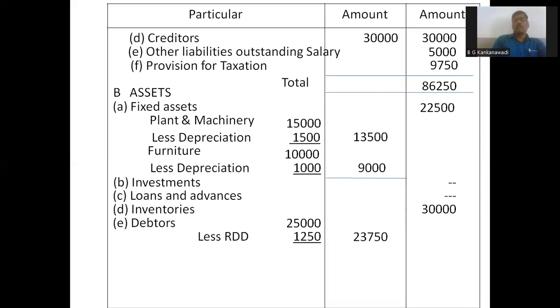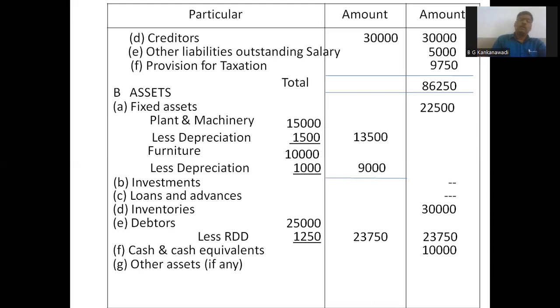Deduct 1,250, balance is 23,750. That goes to the outer column. Next is cash and cash equivalent. Cash and cash equivalent balance is 10,000. So 10,000 is the cash in hand.